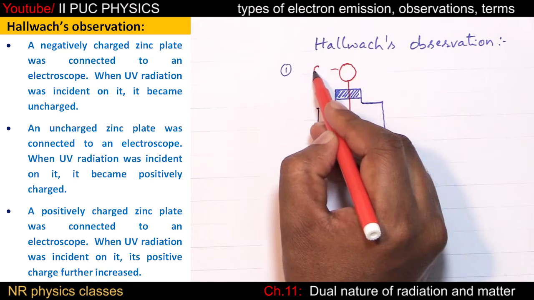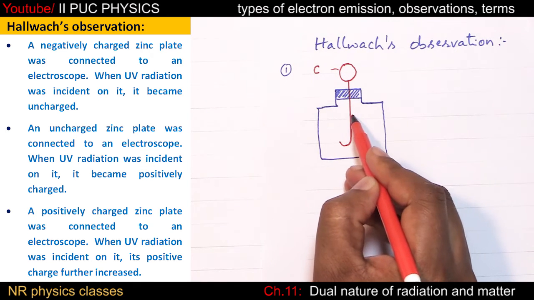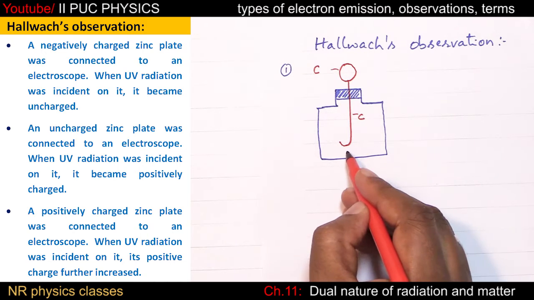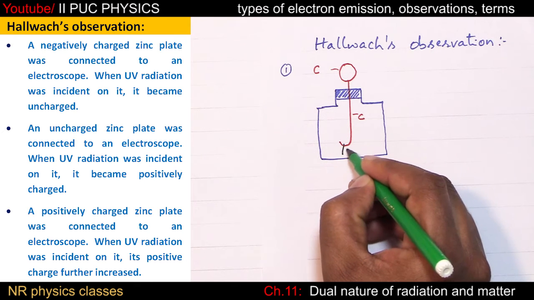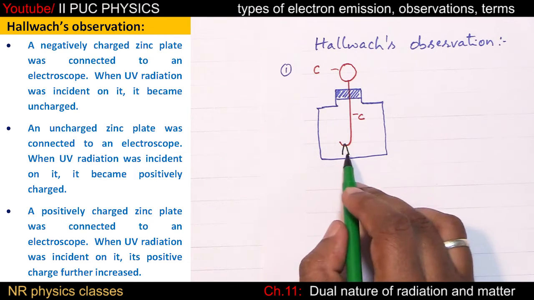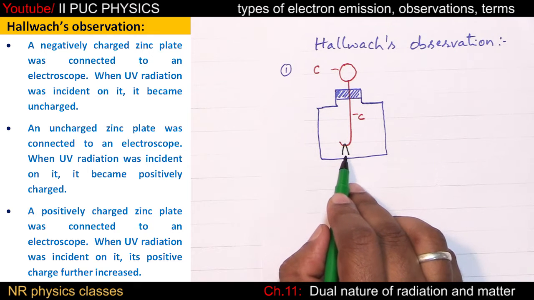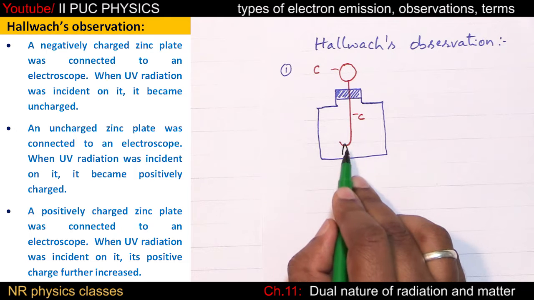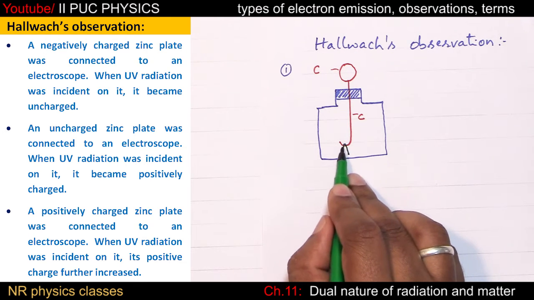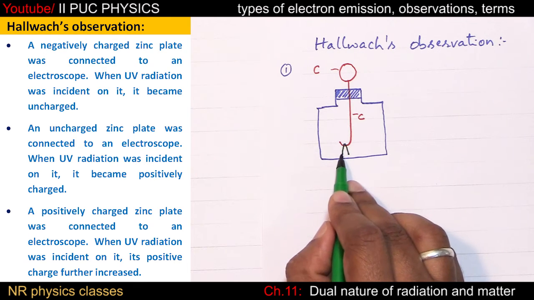C stands for conductor, metal, this is also metal, and this is gold foil or metal foil, a thin metal sheet. If it is hung on this hook, it looks like an inverted letter V or U.